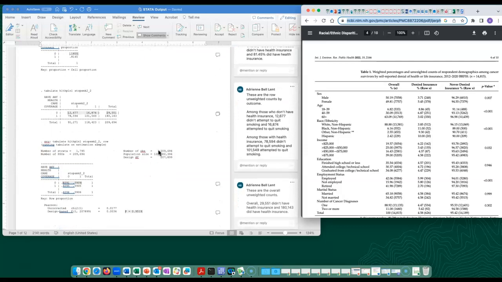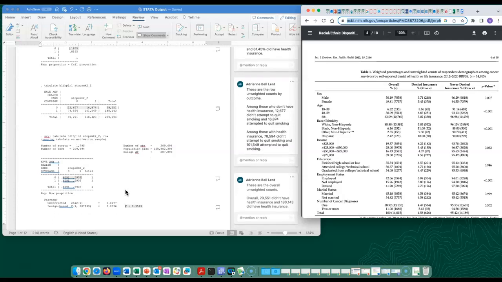The last output here, there should be 3 outputs per variable. The next one you'll see is that health insurance variable by the outcome, but it's going to have the row percents. Up here we had the actual counts. When you move down here, this output is going to show you those weighted counts for the rows. So just like in this example, you've got these weighted percentages here. So among males, 3.71% were denied insurance, while 96.29% were never denied.